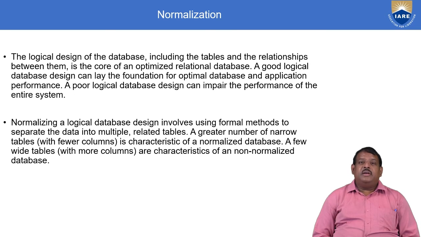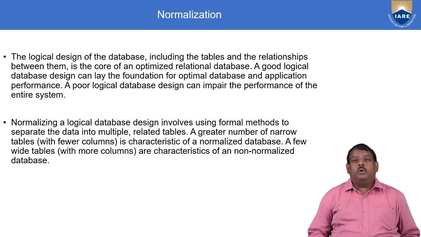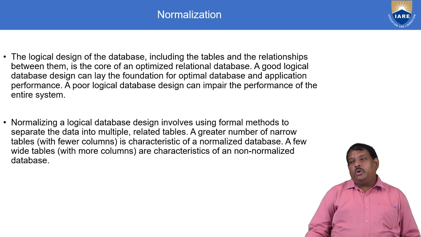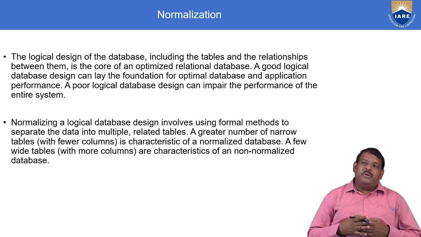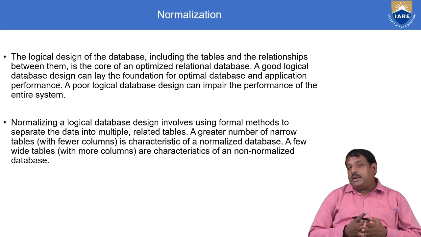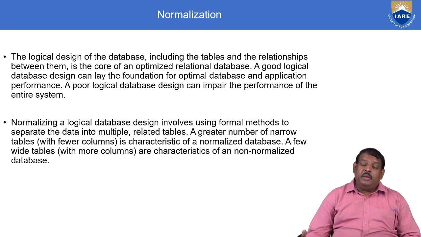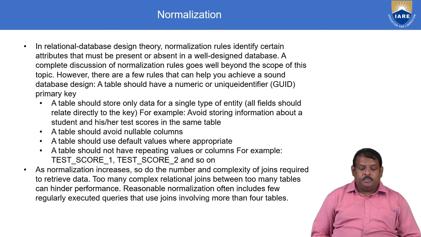A few wide tables with more columns are a characteristic of a non-normalized database. If your database is not normalized, there would be few tables with many columns, because you are trying to store everything in one place. If you normalize the data, it will be distributed into many tables having few columns.